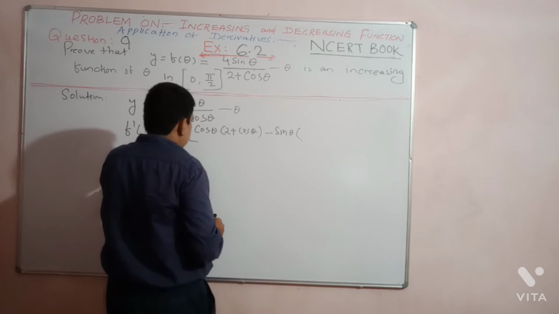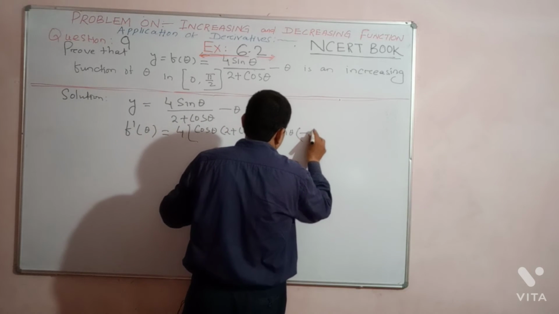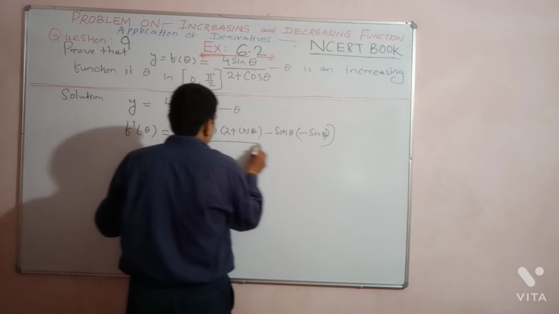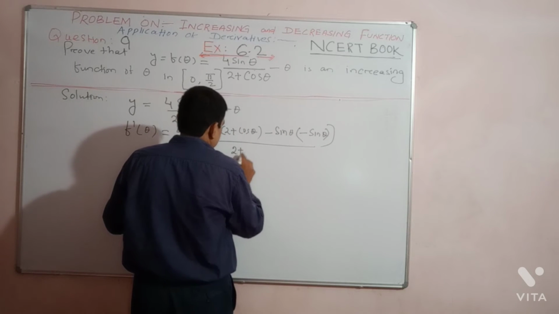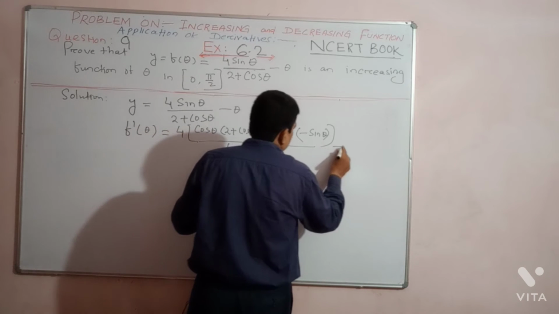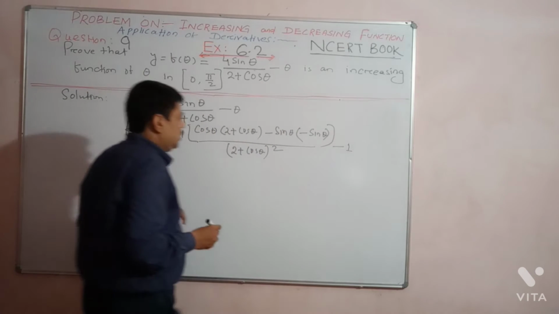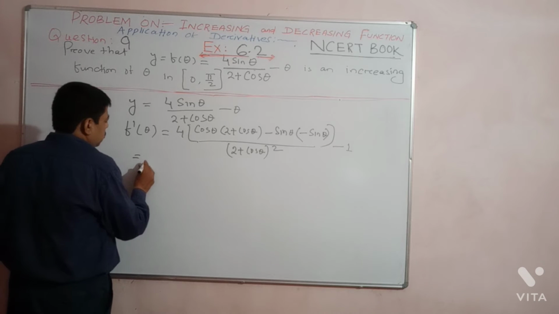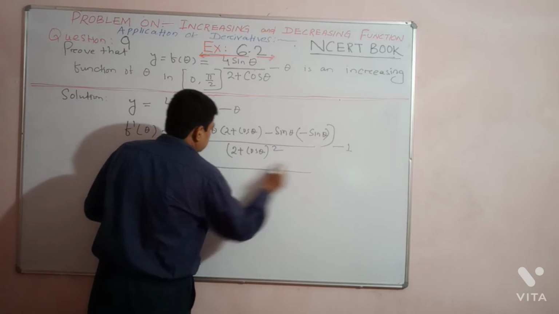Here the derivative of 2 is 0 and the derivative of cos theta is minus sin theta, whole divided by 2 plus cos theta whole square. Understand? And minus 1, because the derivative of theta is 1. Now let's see, we will simplify this one.